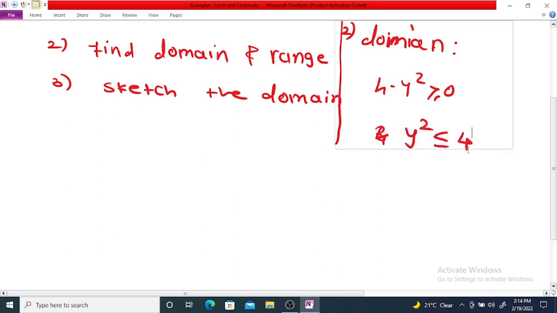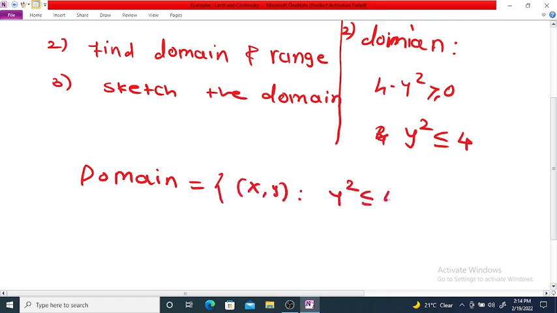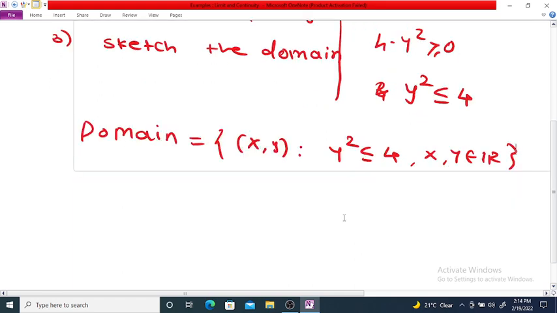So this is the domain. The domain is the collection of all x, y such that y square is less than or equal to 4, where x and y are real numbers. There is only restriction on y, not on x.